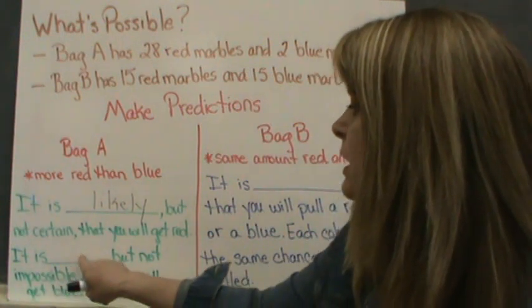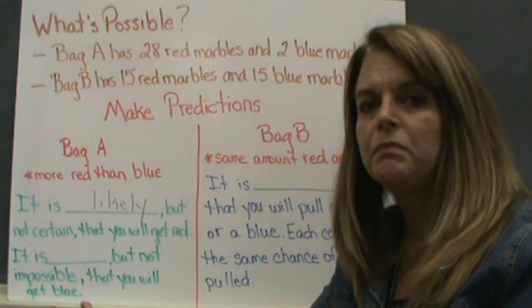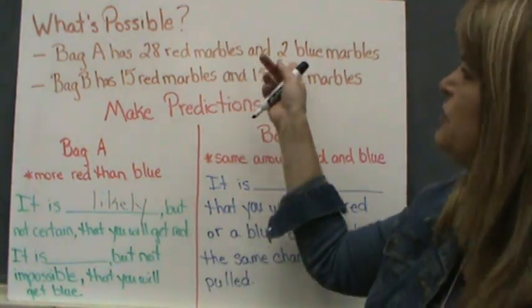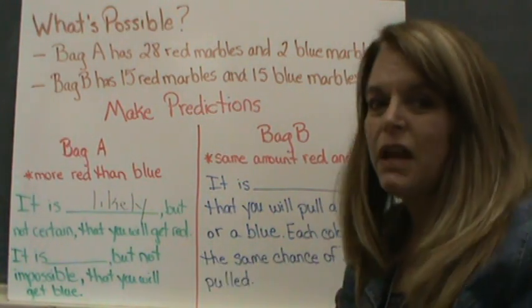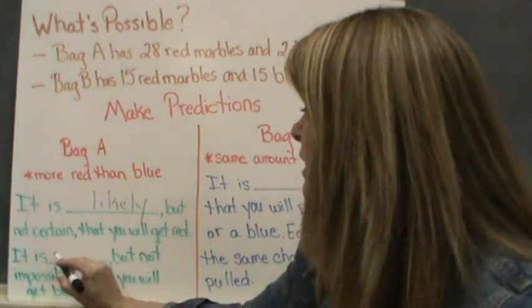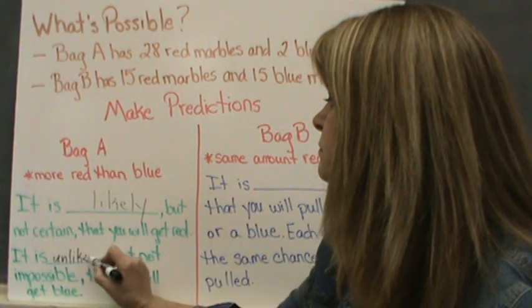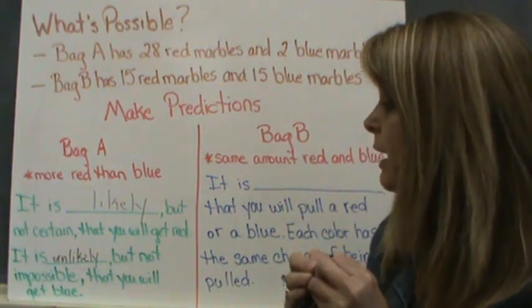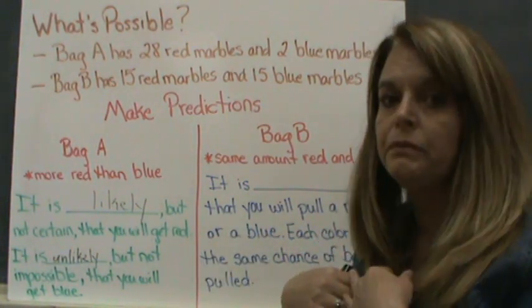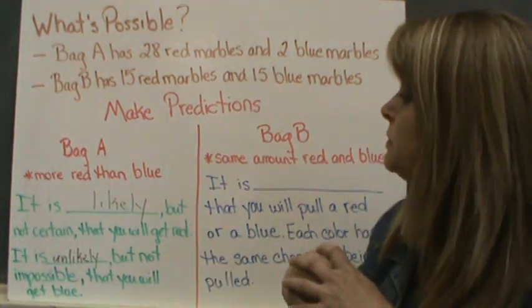It is unlikely, but not impossible, that I'll get a blue. Well, there are only 2 in there. There are 30 marbles in there, and only 2 of them are blue, so it's pretty unlikely, but not impossible, because there are blue ones in the bag, that I will get the blue. Maybe I'm lucky and I get one of the 2 blue marbles.